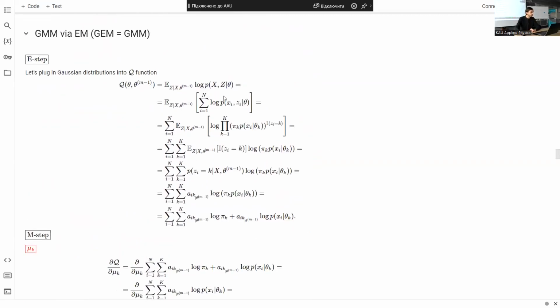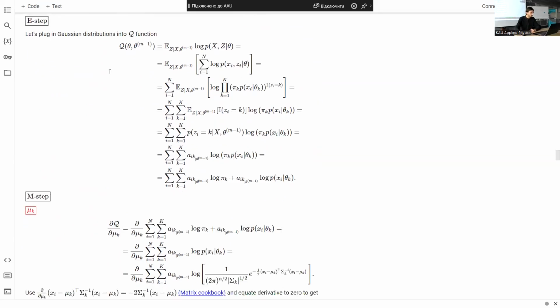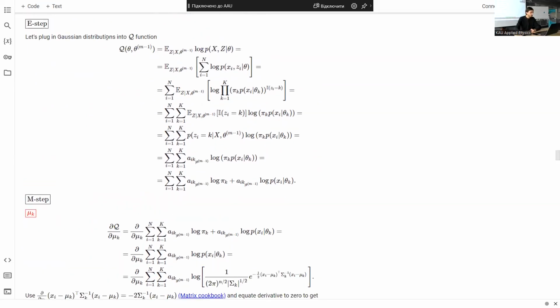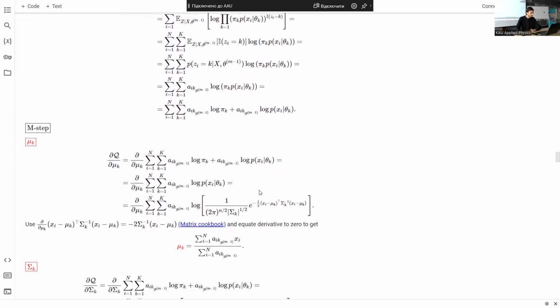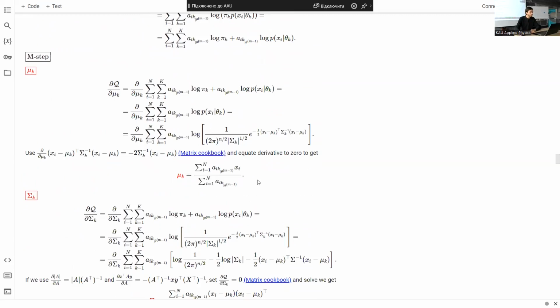Here are some more formulae like that for expectation maximization. Of course, I don't want to get very deeply into that, so here is some expectation calculated, and here are the equations that I get at the end. They look quite complicated, so let it be that way.